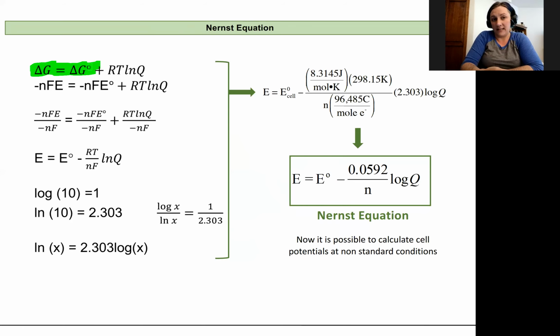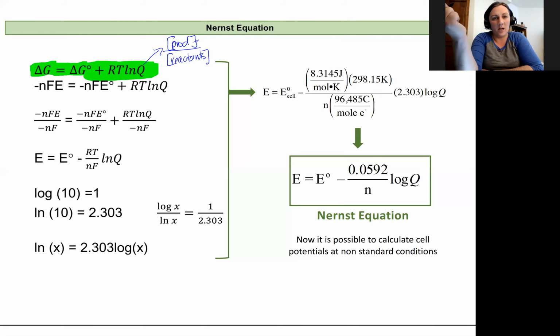So it'd be that standard free energy change plus our constant R times the temperature, and then the natural log of Q. Remember, Q is equal to the concentration of our products over our reactants with our coefficients as exponents. It's essentially our equilibrium constant when the system is not at equilibrium.